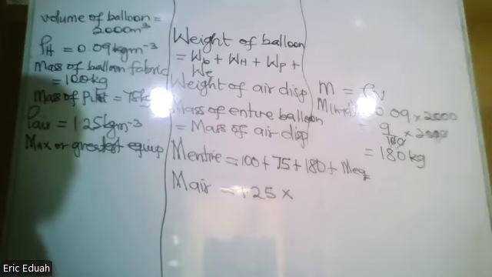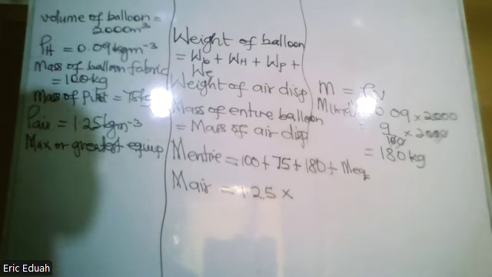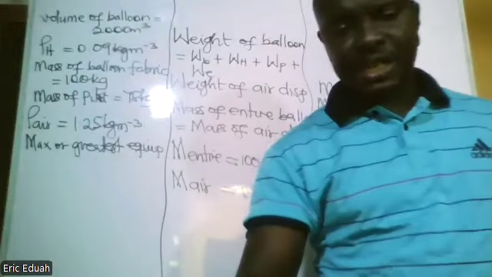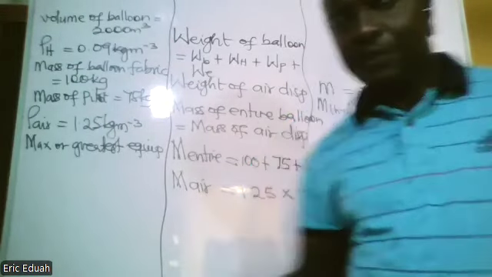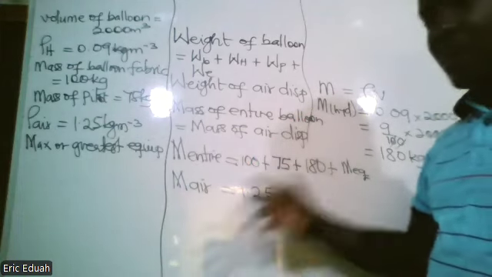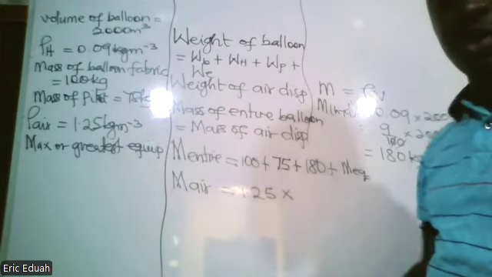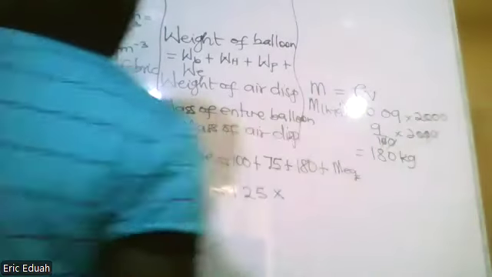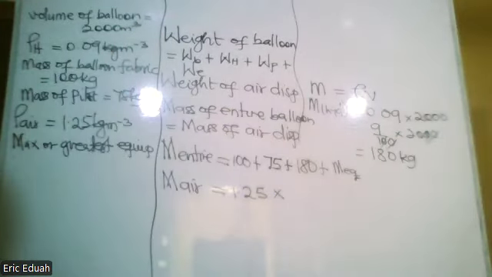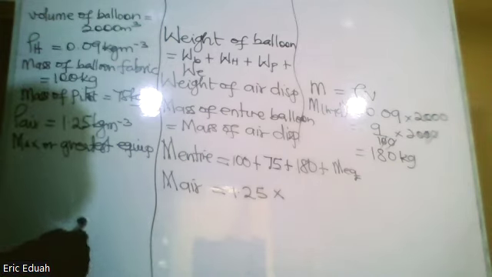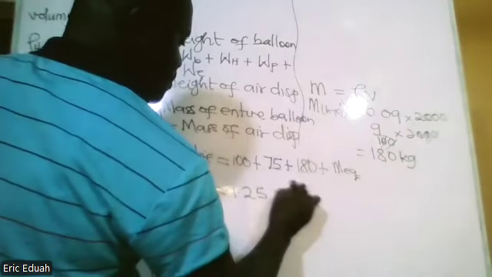Volume of air displaced, okay, would also be equal to the volume of the balloon, because when an object is submerged fully in fluid, okay, the volume of fluid displaced is always equal to the volume of the object. Okay, so if the balloon has a volume of 2,000 cubic meter, then volume of air displaced would also be 2,000.